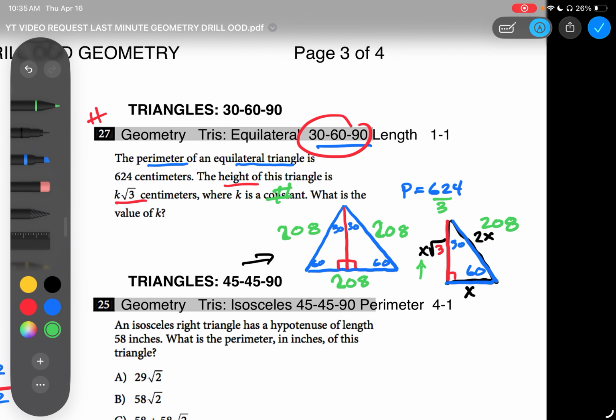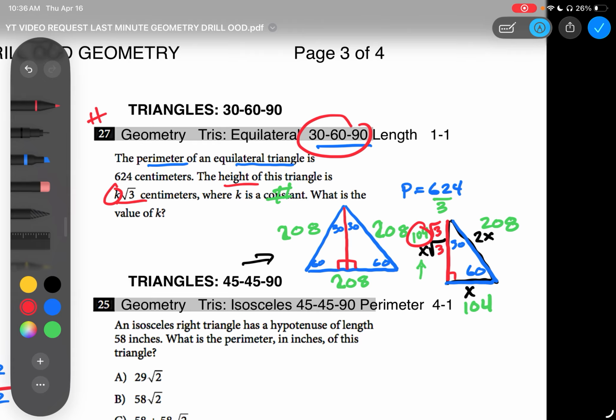So that means the base has to be half of the side measurement of the equilateral triangle, which means this is going to be 104. You with me so far? So now, what is the height going to be? The height has to be x radical 3. So that's going to be 104 radical 3. So what is k going to equal? It's going to equal 104, and that's the answer to your question.